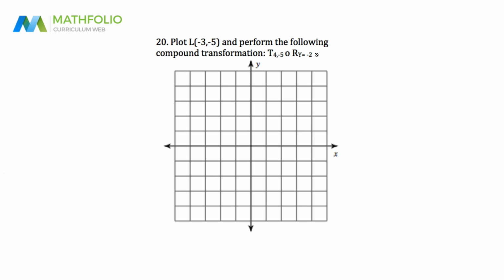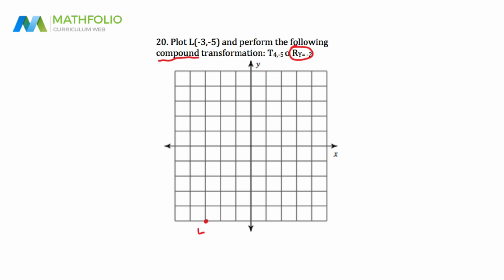Okay, 20, we're starting with negative 3, negative 5. So let's plot that point. Negative 3, negative 5, right here, L. Now, this time it's a compound transformation, and so the second thing that we see, we must do first. So in this case, we're going to reflect it over y equals negative 2.